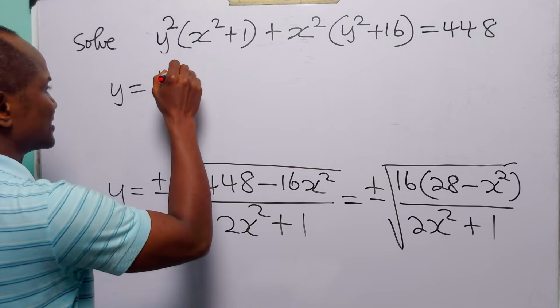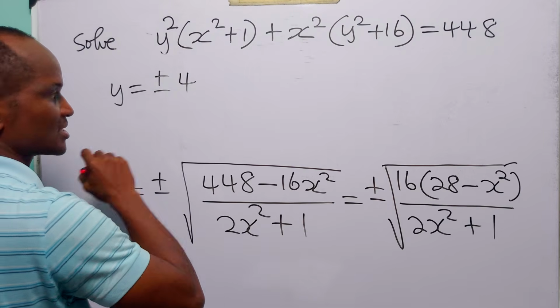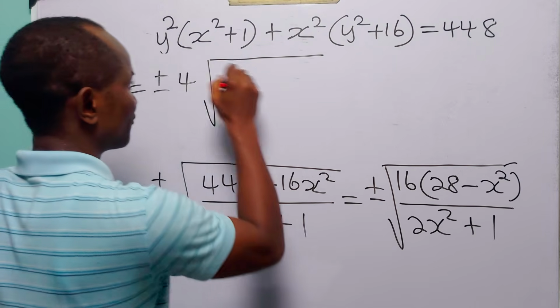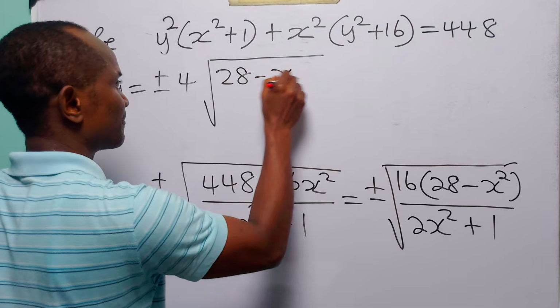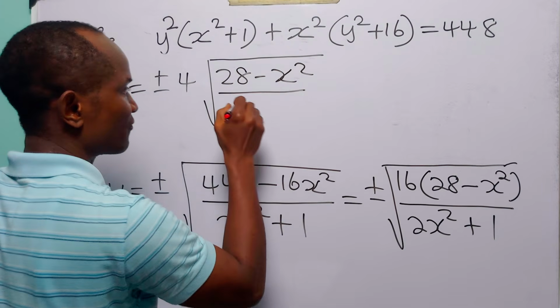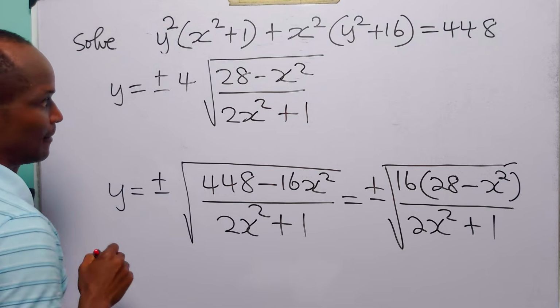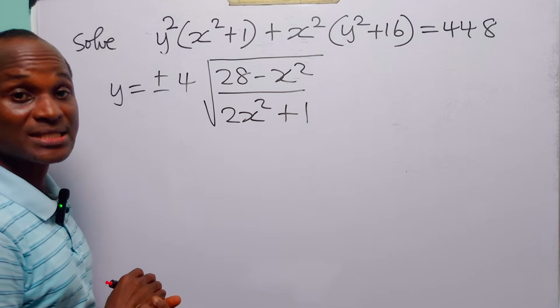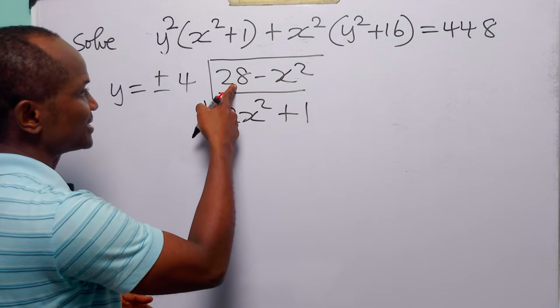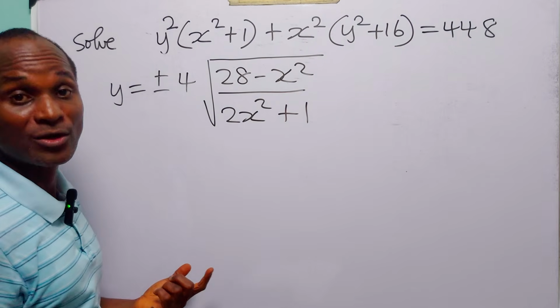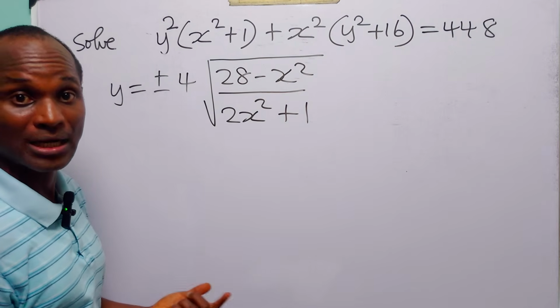So we have that y is equal to plus or minus 4 times the square root of 28 minus x squared over 2x squared plus 1. Now, you know that for this equation to be defined, 28 must be greater than x squared. And of course, we are looking for integer values of x and y.